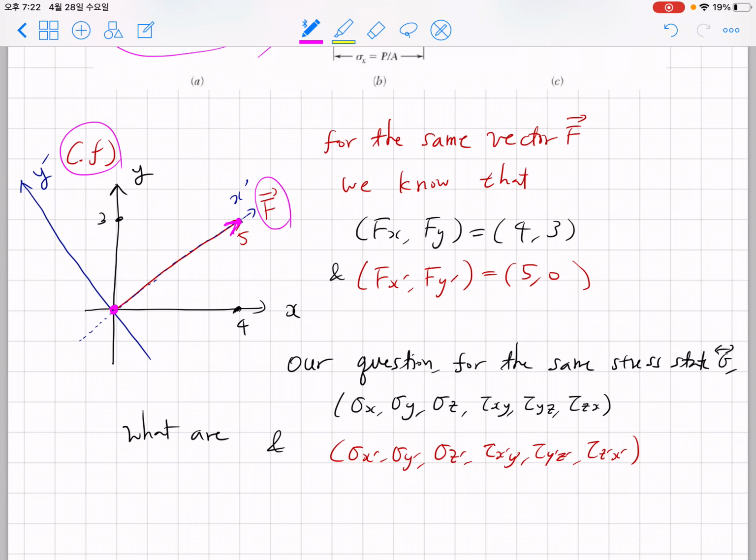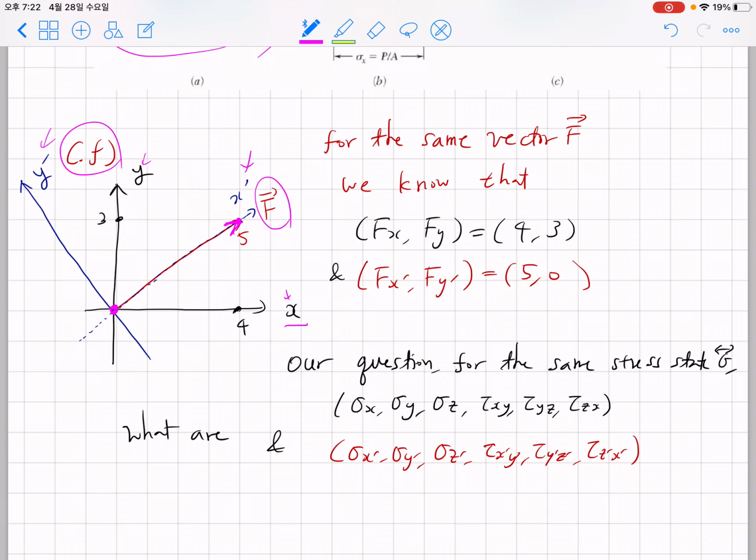In describing this arrow, the graphical representation of this vector, we can have two different views. The first view is the xy coordinate system, or to describe the same vector we can choose a different viewpoint, which is the x prime y prime coordinate system.